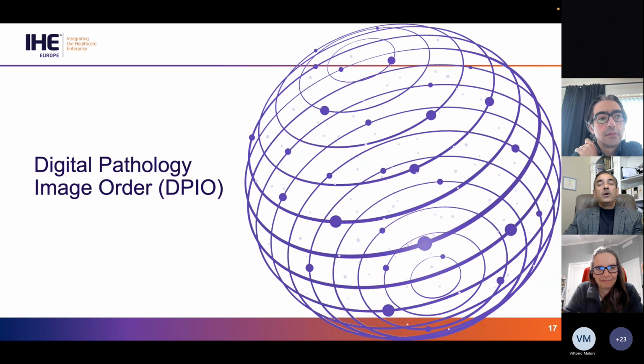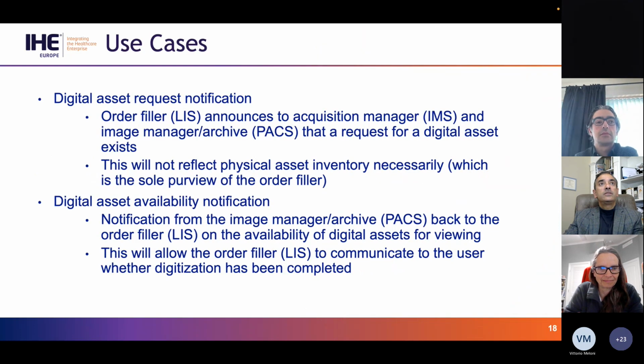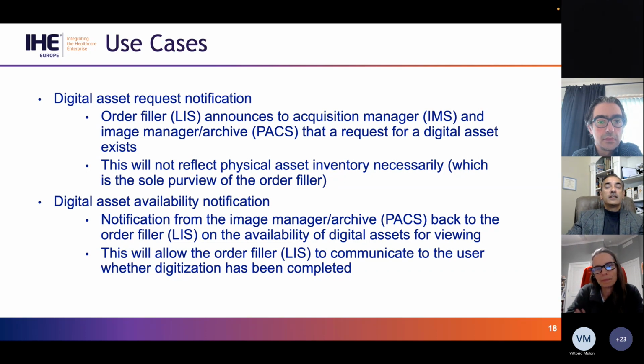So DPIO in a little bit more detail. Next slide. This is our area of current interest. We want to be able to identify when a digital asset has been created by a scanner. So there's two primary workflows that we support. One is where glass slides are loaded into a whole slide imager, and the LIS knows nothing about it.